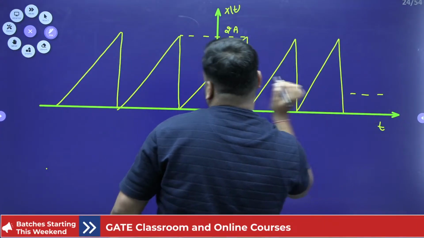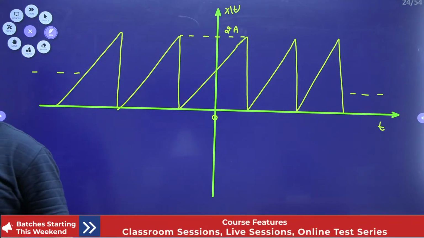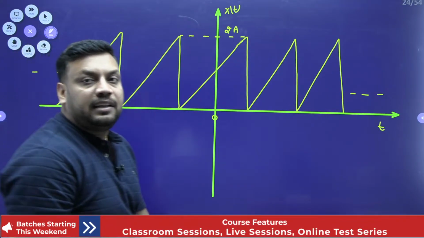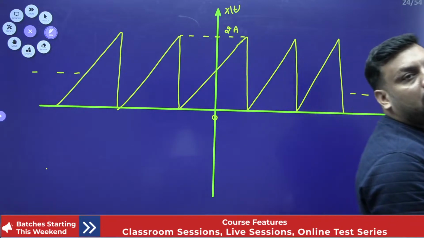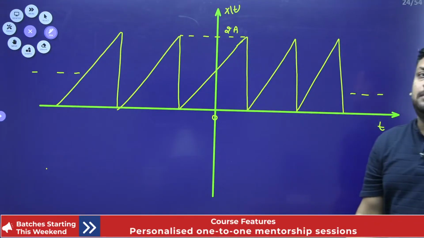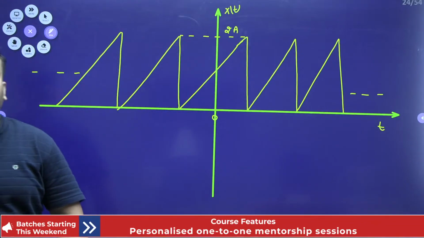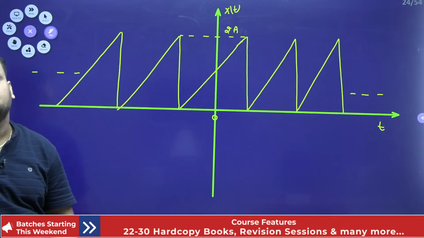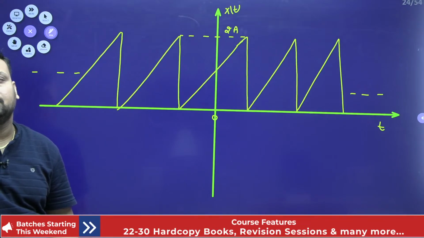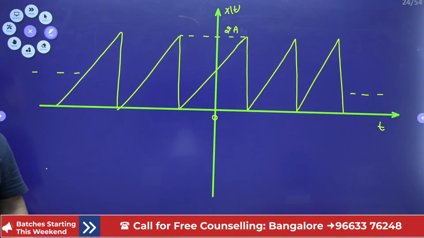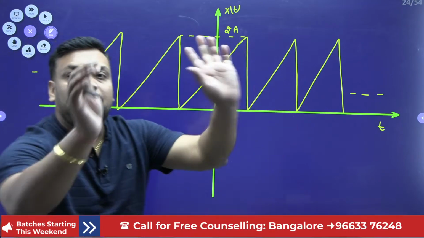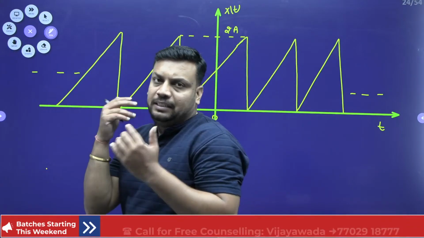Now tell me, according to the diagram, which symmetrical condition does this signal satisfy? Does it satisfy any symmetrical condition now? A normal student will reply, no sir, it is neither even nor odd.